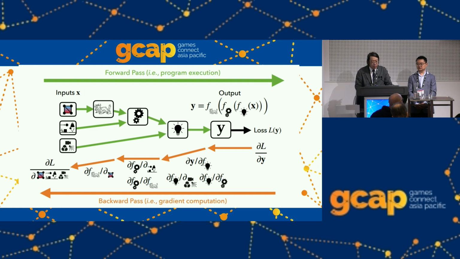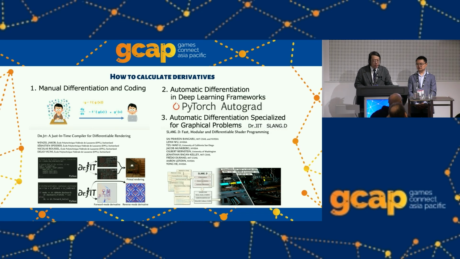However, the concrete implementation of this technology faces some challenges. One of the main challenges is computing derivatives. Currently, we have three methods. The most straightforward approach is to manually calculate the derivatives and write them in code, but this approach is not flexible in game development.